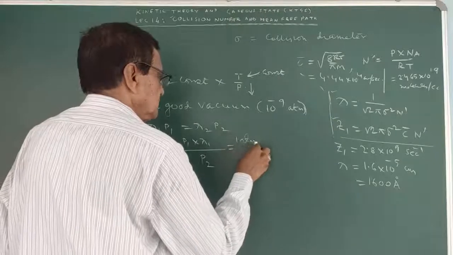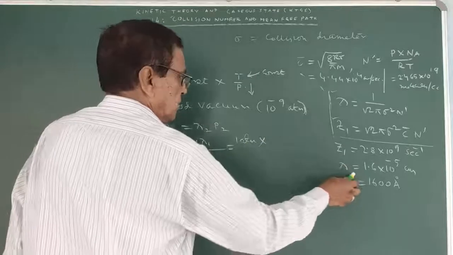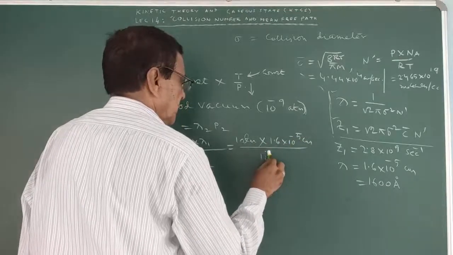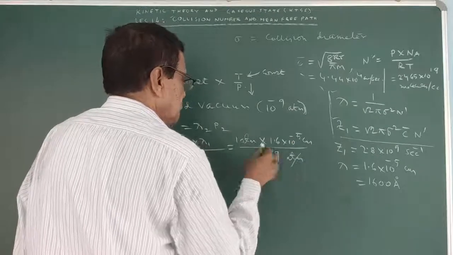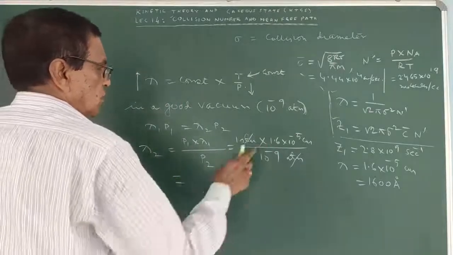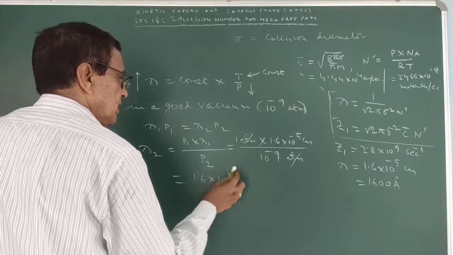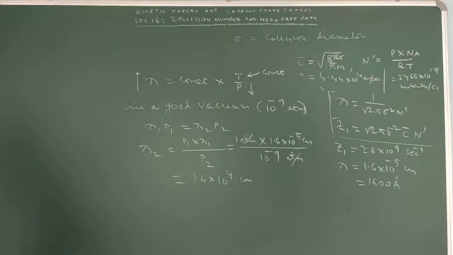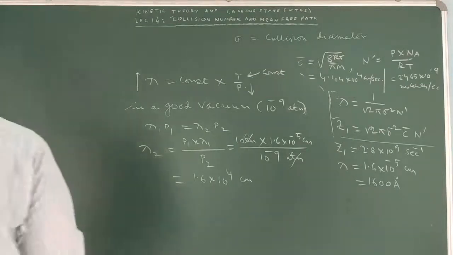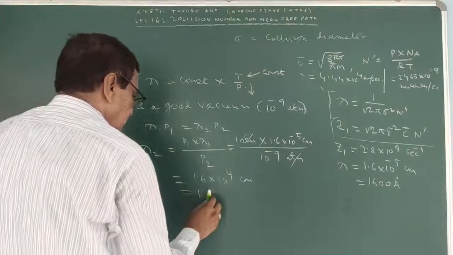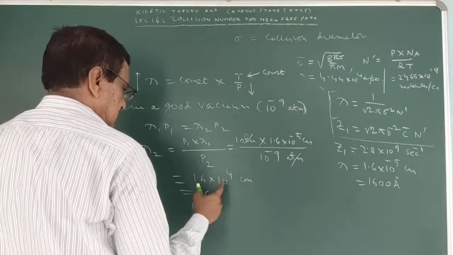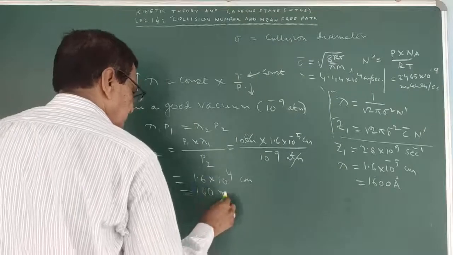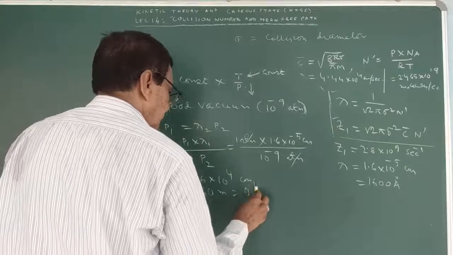P1 is 1 atmosphere and lambda 1 we found to be 1.6 into 10 to the power minus 5 centimeter, divided by P2 equal to 10 to the power minus 9 atmosphere. The atmosphere cancels, so this gives 1.6 into 10 to the power 4 centimeter, which is almost equal to 160 meter, or about 0.1 mile.